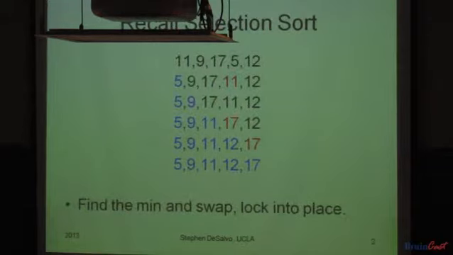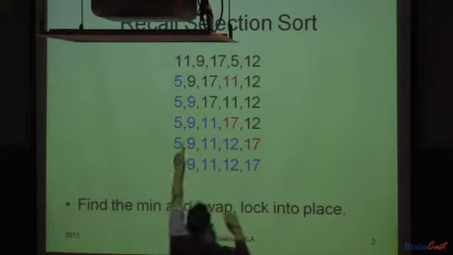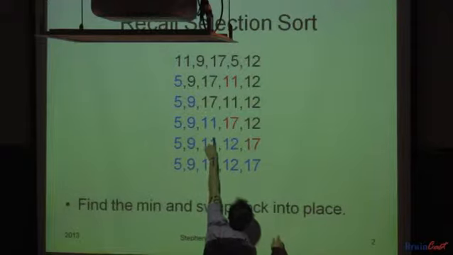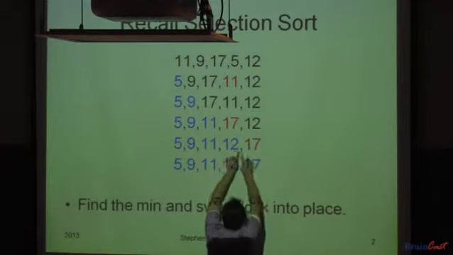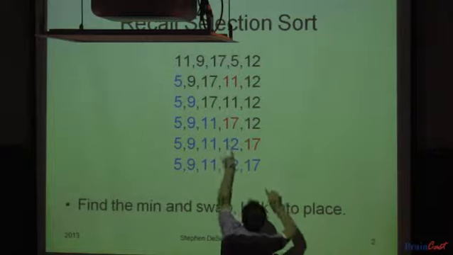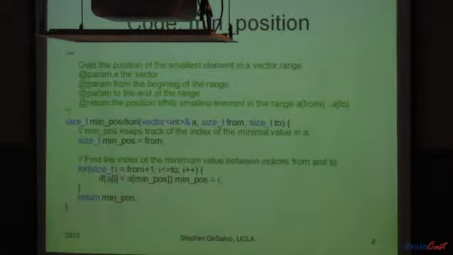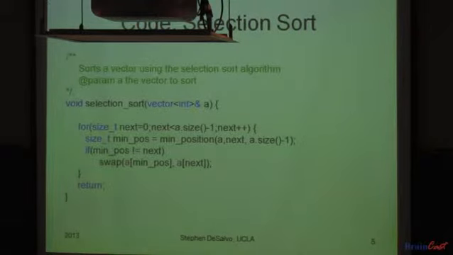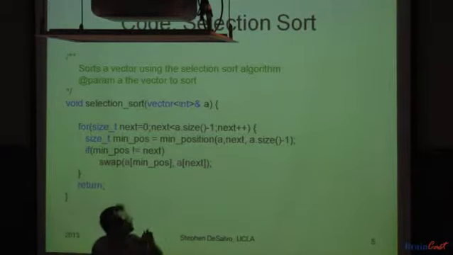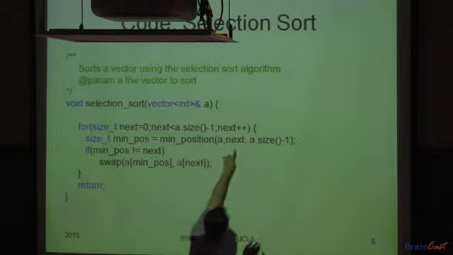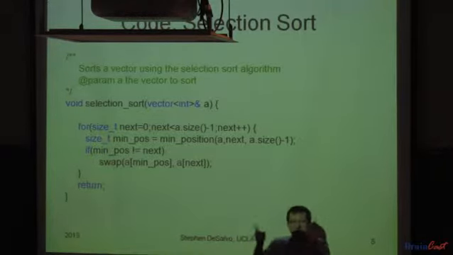Okay, so the min position just gives you the position of the current minimum in the phase. So if we go back here, if we call min position on, say, from here to there, then it figures out where's the index of the 11. And if we do it from here to here, it figures out the index of the 12, and it returns that index. And then we put that inside of a loop, because the selection sort literally is just a loop which says, for size_t next equals 0. So starting at the list of all of them, next is what we're going to input for the index.